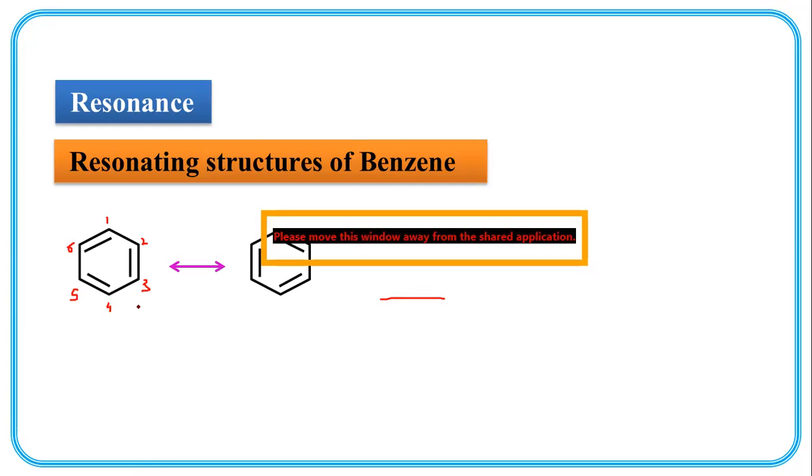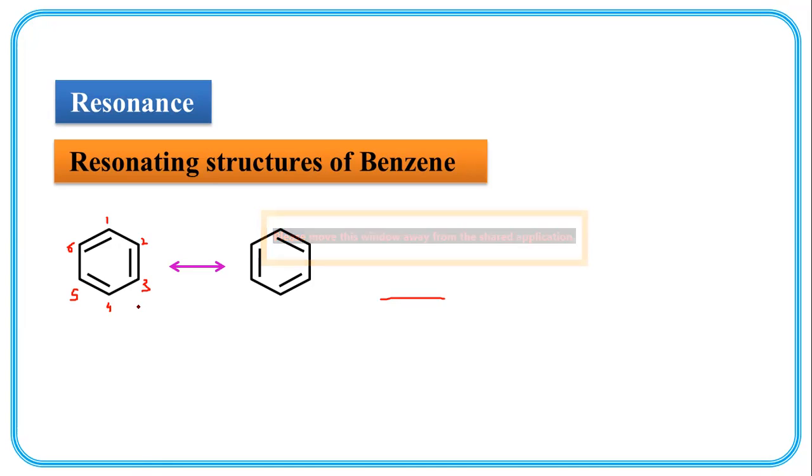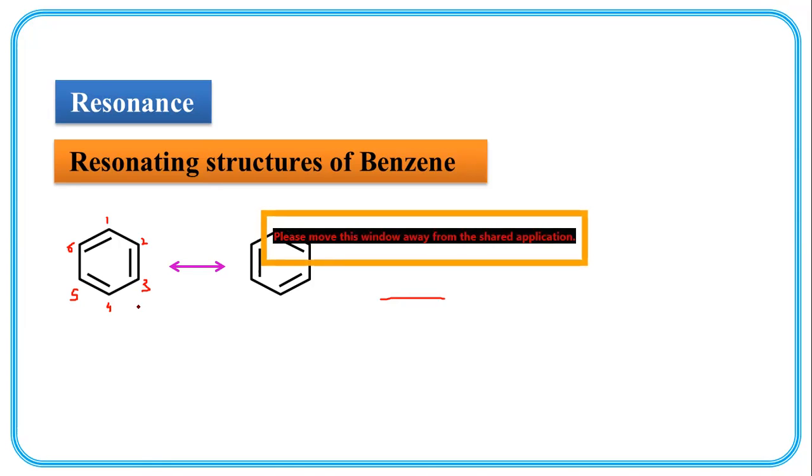In the first case, the double bond is present between the first and sixth carbon, second and third carbon, and fourth and fifth carbon. But in the second structure, the double bond is present between the 1st and 2nd carbon, between the 3rd and 4th carbon, and between the fifth and sixth carbon.